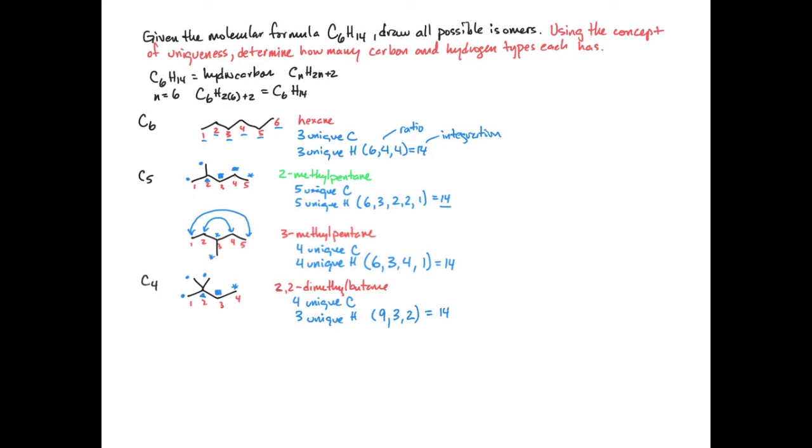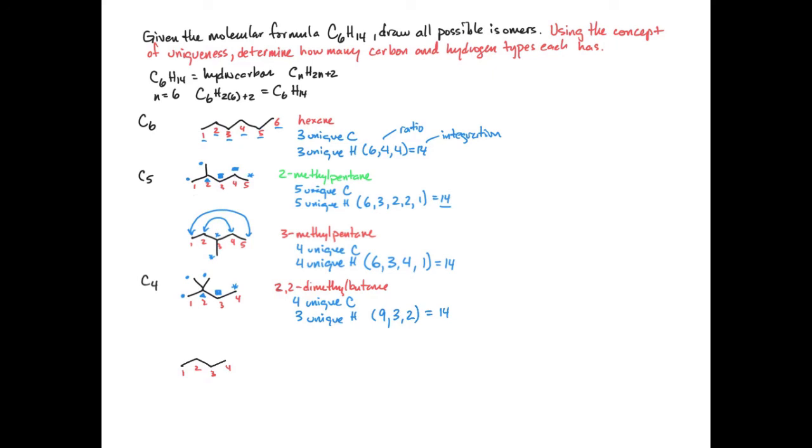So we can continue on with the C4 chain. There's another isomer we can consider. There's our chain. Let's go ahead and number it so we're logical about how we follow this. So in the above example, we started putting those groups on at position 2.